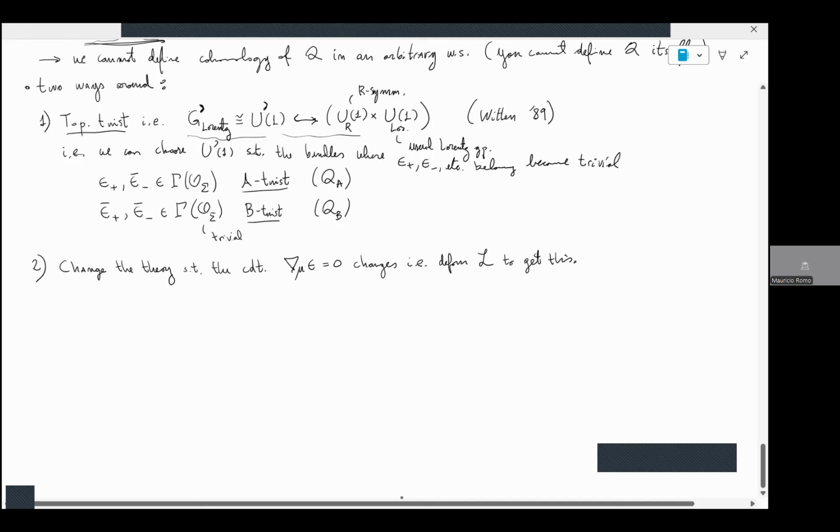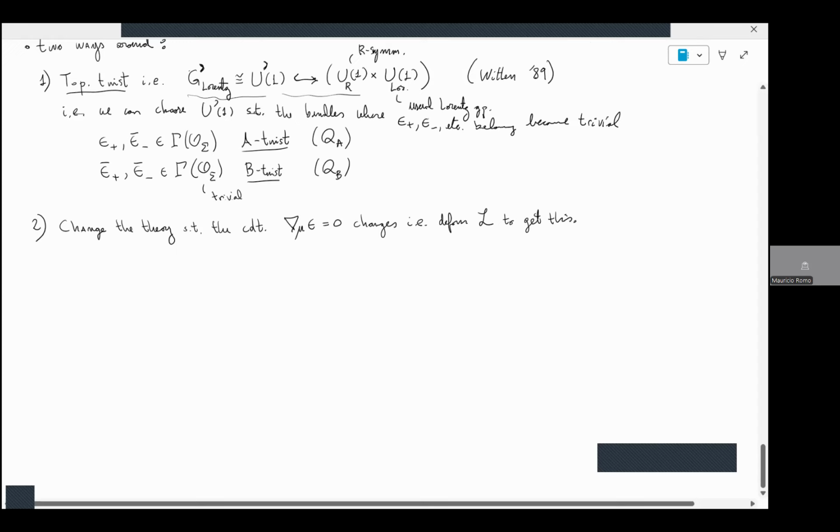This is very vague. Of course you can imagine there are tons of ways of deforming the Lagrangian, but indeed it's very restricted. So in this story, the way to do it consistently is by coupling the 2,2 theory to a supergravity vacuum.